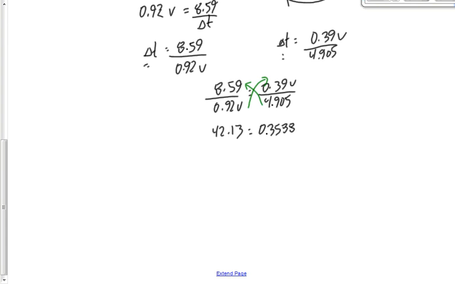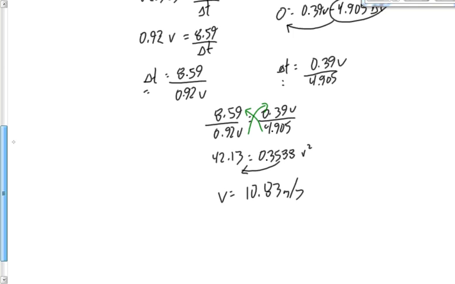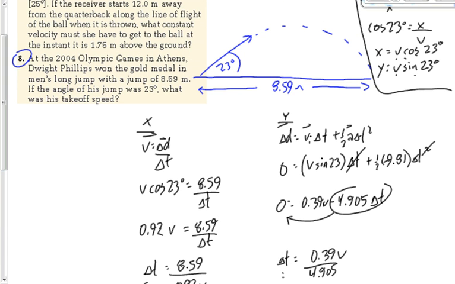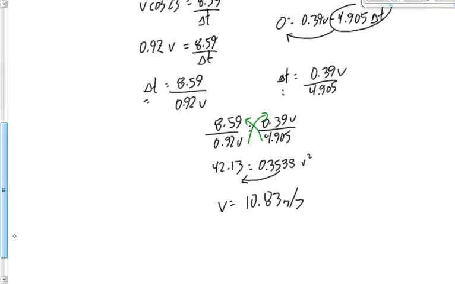V times V is V squared, right? Oh, would you look at that? Now it's even better. Take this down by dividing, and then square root, and what do we end up getting for V there? 10.83 meters per second, which, let's go back to our data to see what our weakest piece of data is. 3 digits, 2 digits. Final answer should be 2 digits. So we're going to say it's 11 meters per second.